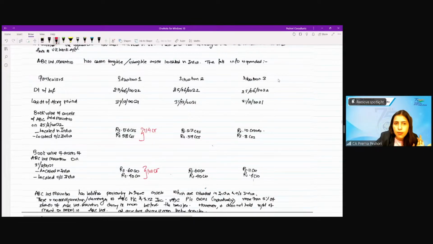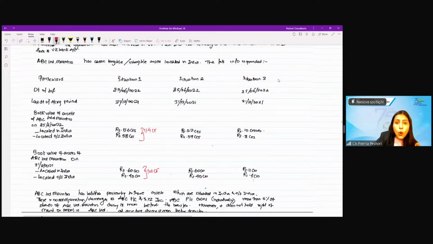How do you check that? 115% of 100 crores is how much? 115. 114 crore is less than 115% of 100 crores, isn't it?